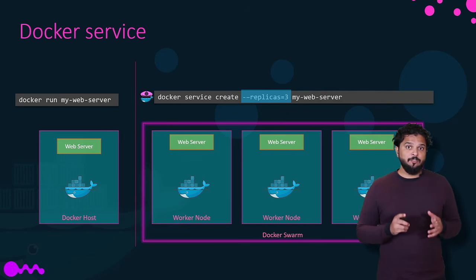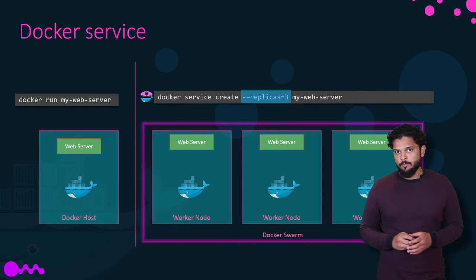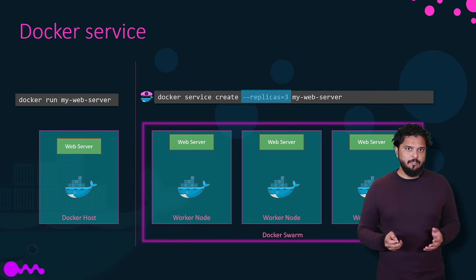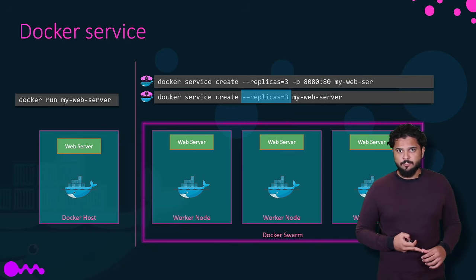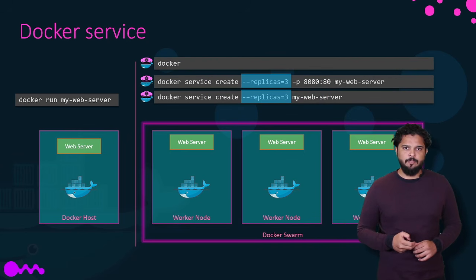Remember, the docker service command must be run on the manager node and not on the worker node. The docker service create command is similar to the docker run command in terms of the options passed, such as the -e environment variable, the -p for publishing ports, the network option to attach container to a network, etc.